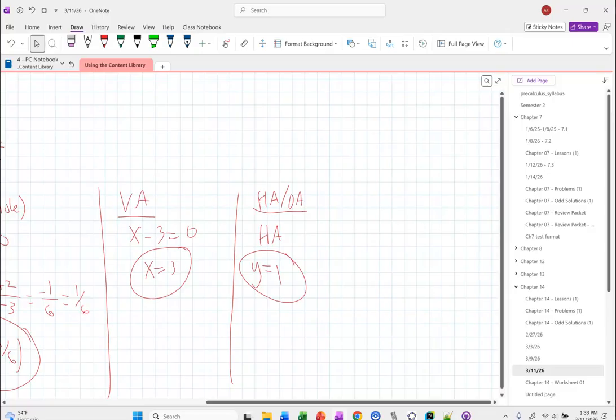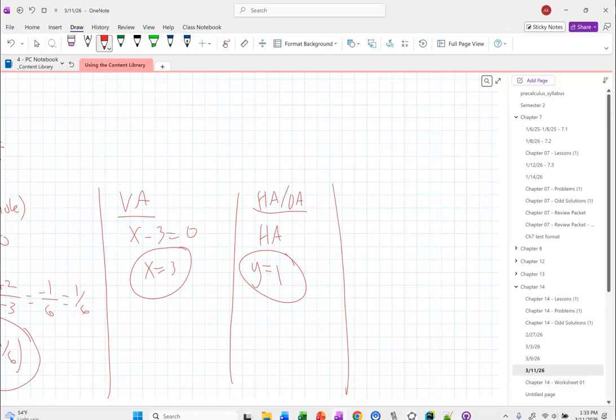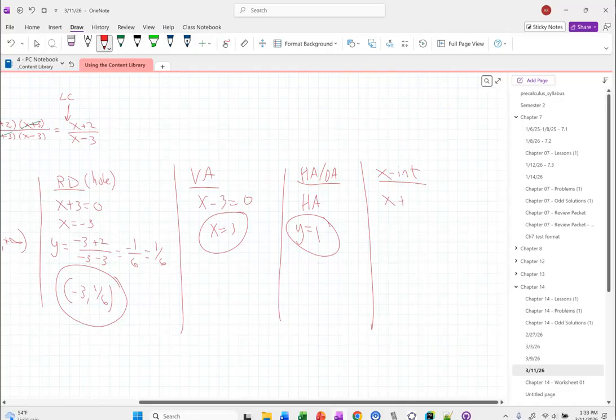So now we have to find the x-intercept. We plug 0 in for y.